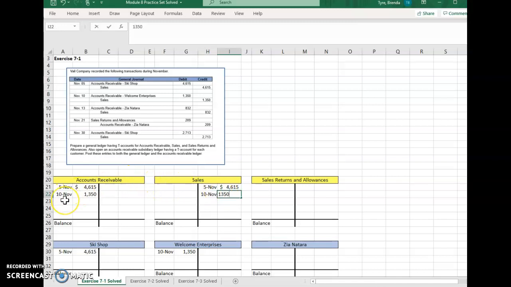Next, on the 13th, we have a sale to Zia Natera. We will record that in accounts receivable in the customer's account and in our sales account. Remember, left side of the T account is the debit, right side is the credit.